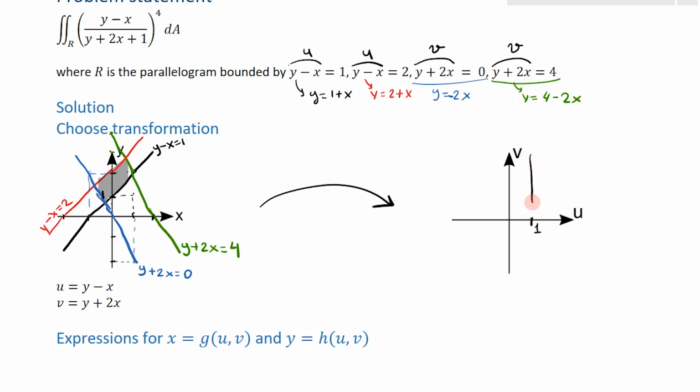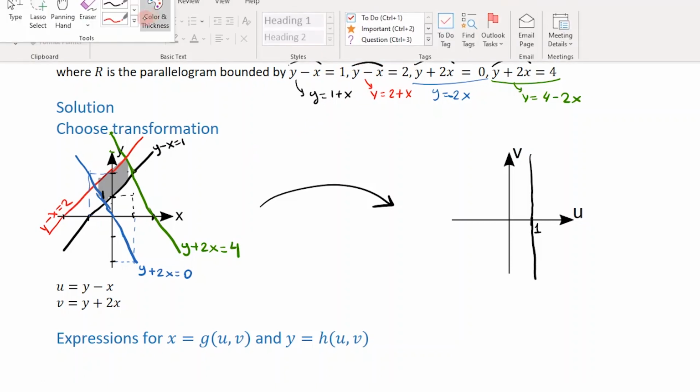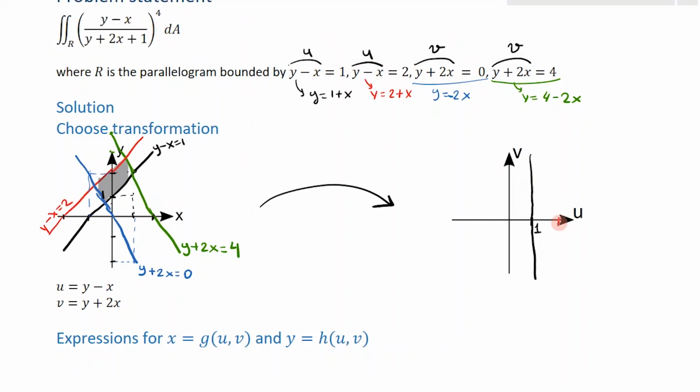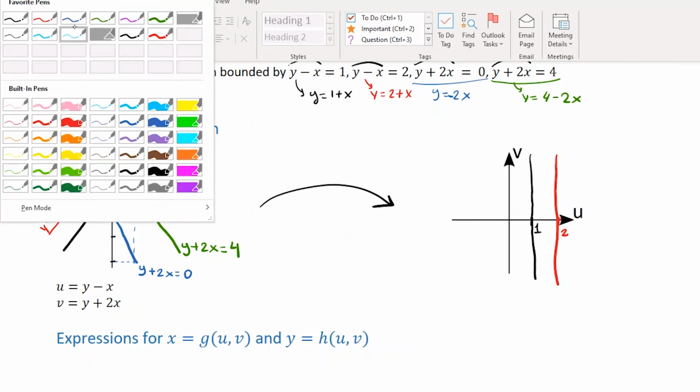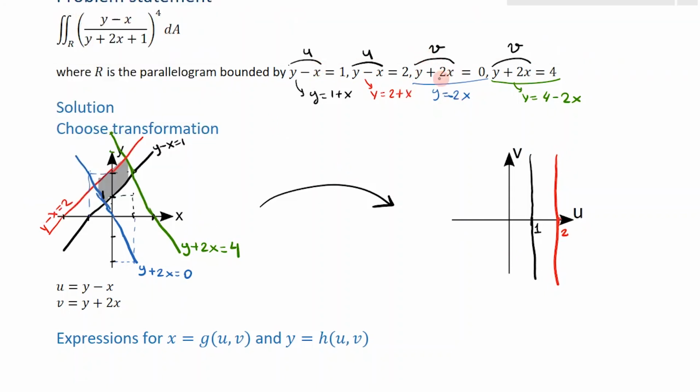So it's just a straight line. This line becomes u equals 2. The blue line becomes v equals 0. And the green line becomes v equals 4.